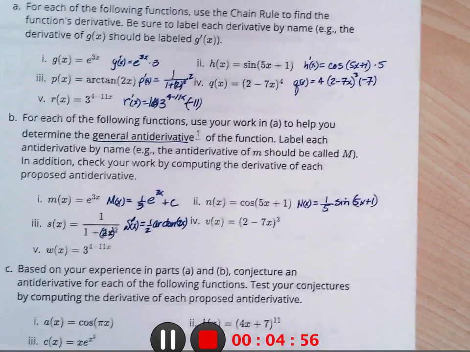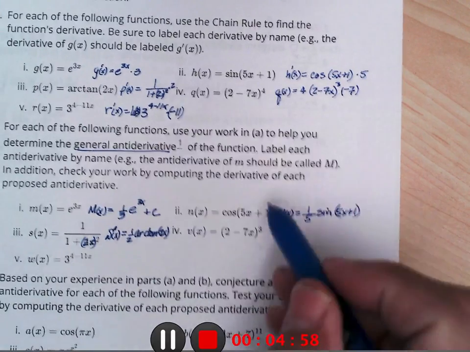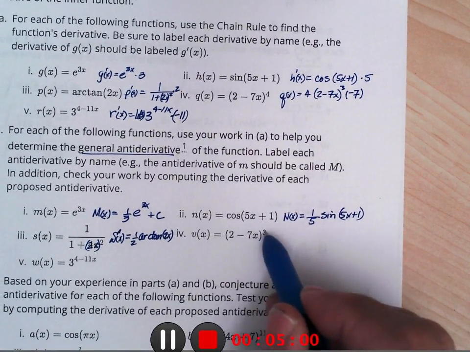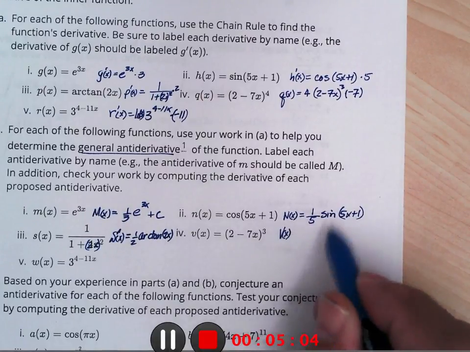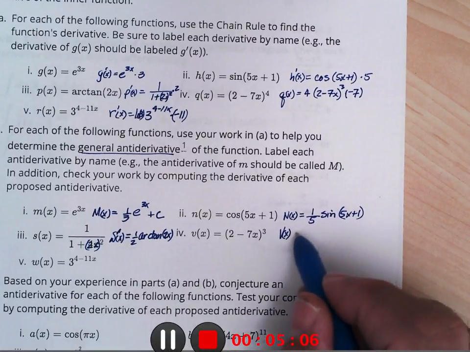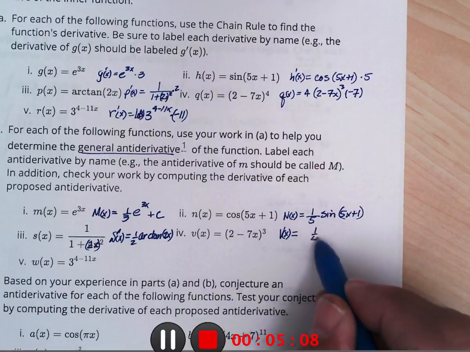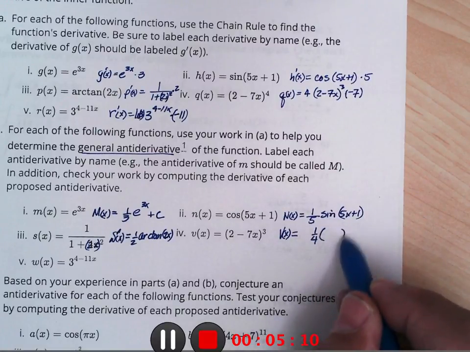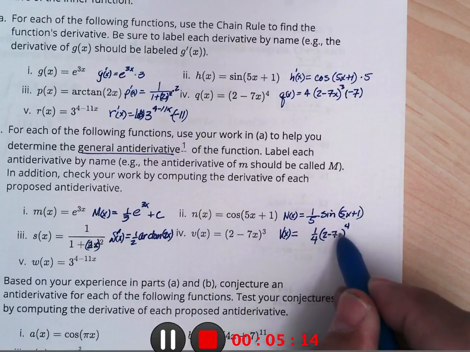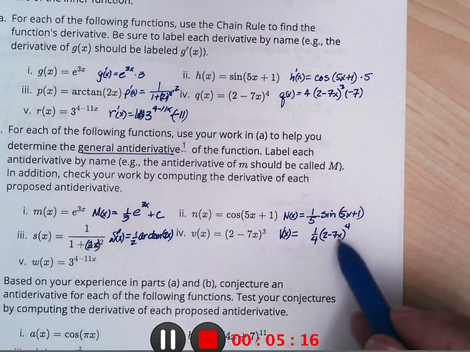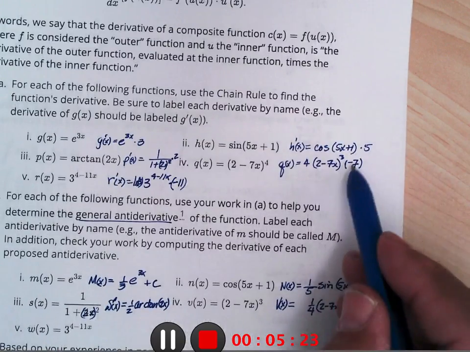And on this one, something to the third, the antiderivative would be 1/4 that something to the 4th. But then we'd have to divide out the derivative of the inside, which creates -7, so we have to get rid of that.